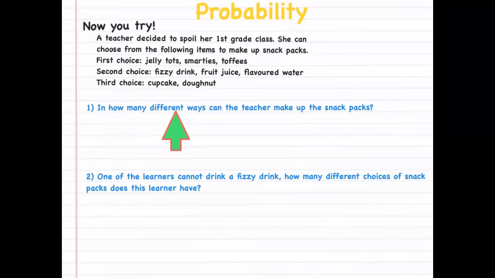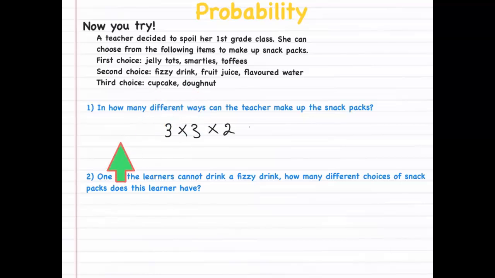So in how many different ways can the teacher make up the snack packs? So this is quite easy. For her first choice, she's got 3 options. So let's write down those 3 options. We multiply it with the options in the second choice, which is 3. So 3 times 3. And then there's a third choice as well, which has 2 options.